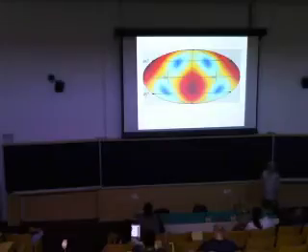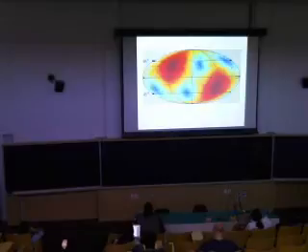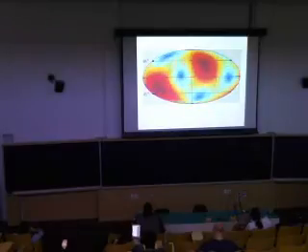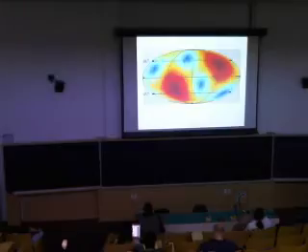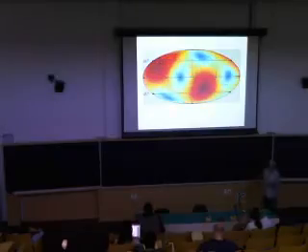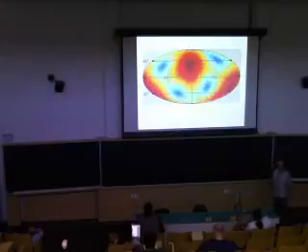Wouldn't that change with time? That's why I've got a movie. This is over the course of a year. The interesting thing is that those little blue dots follow figure eights. So there are going to be 4 little figure eights in the sky, which have reduced sensitivity compared to everything else.